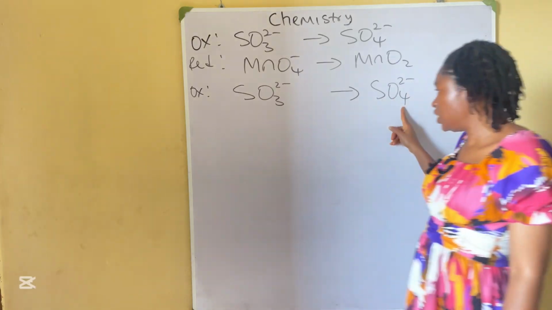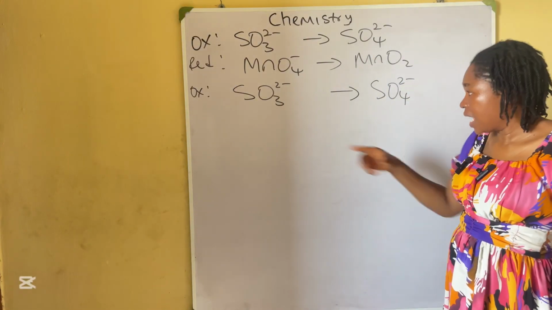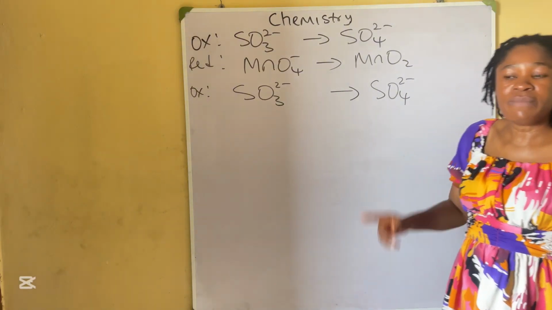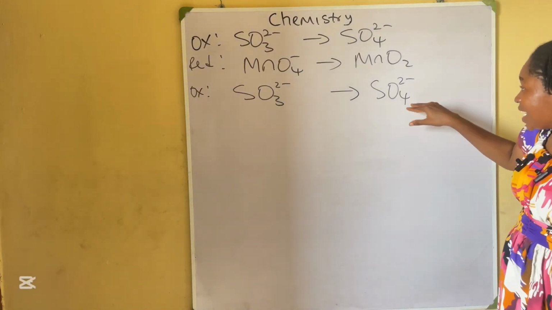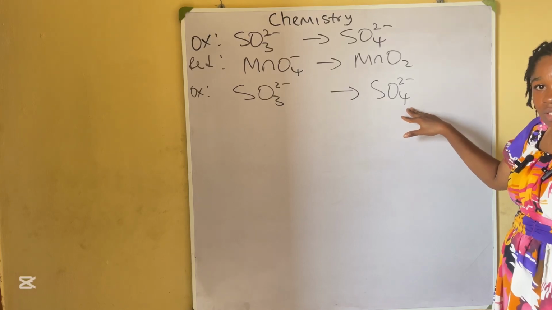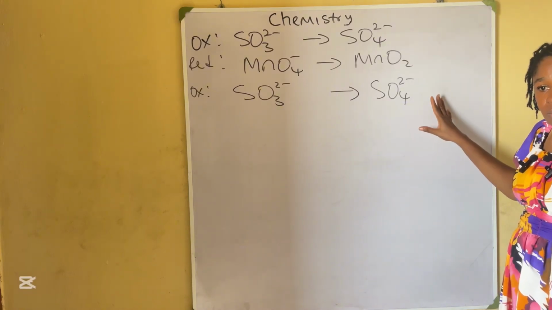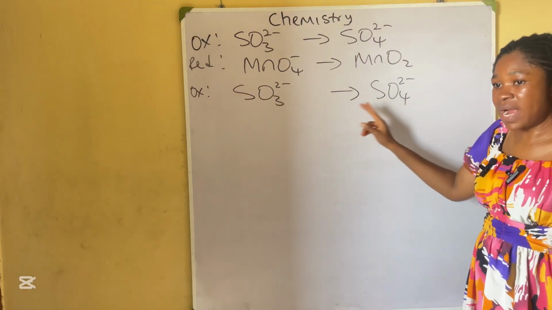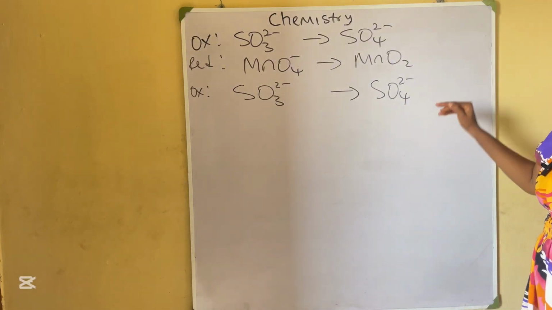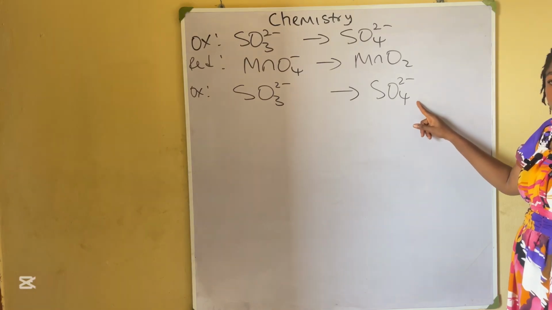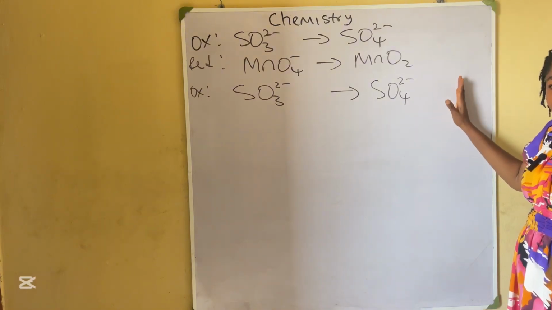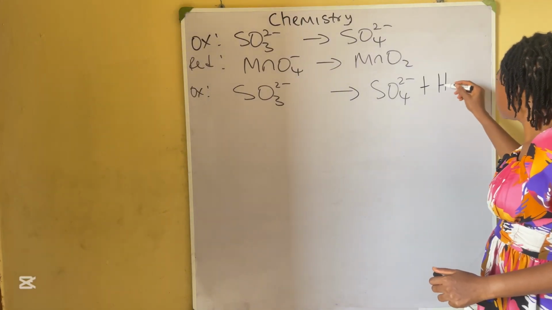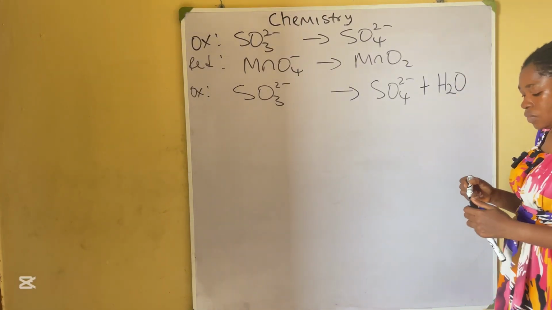Here I have 4 oxygen atoms, and here I have 3 oxygen atoms. 4 minus 3 gives me 1. So I will add 1 molecule of water to the side that has enough oxygen.